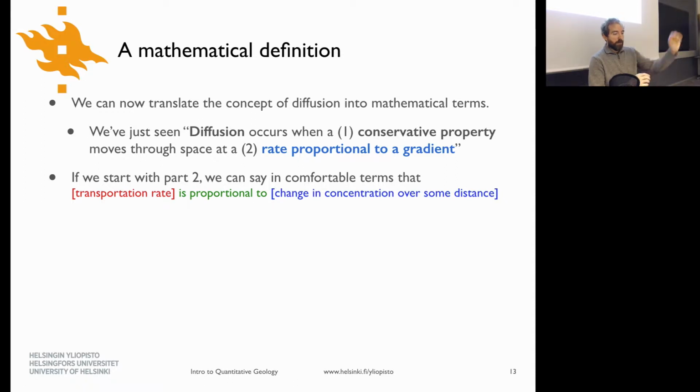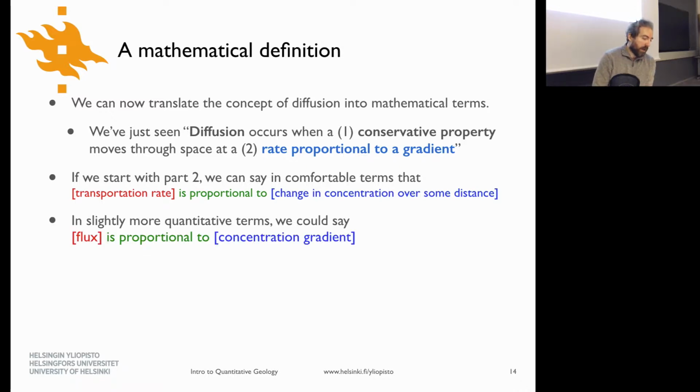So if we look at our animation from before, we had a concentration of atoms of A that was constant and high on one side and 0 on the other side. And the gradient we could calculate by just going across and saying, from one position over here to the other position, how much does the concentration of A change? So we're going to have something happening here, movement of material, that's in proportion to that change in concentration.